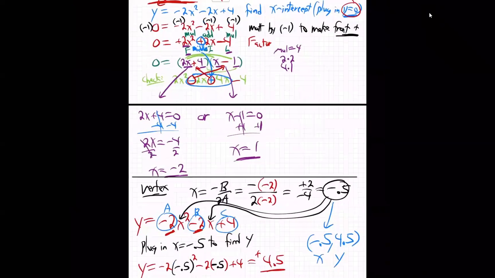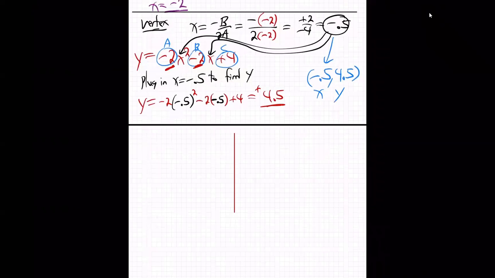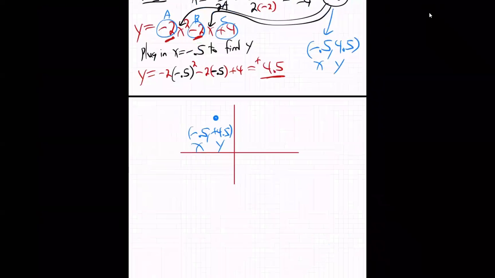If you were to graph this parabola, what you would know is it's going to go through the point, back 0.5, up 4.5. That's the x and y value of the center, right? And then it would go down from there because ours has a negative in the front. Anyway, my point is the line of symmetry would go right through there.